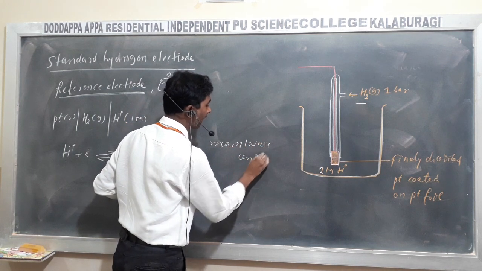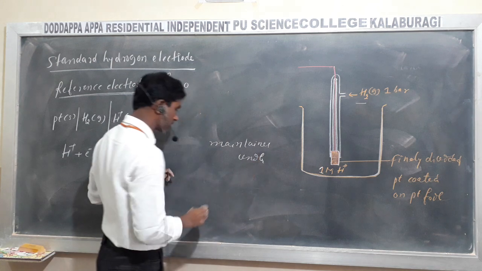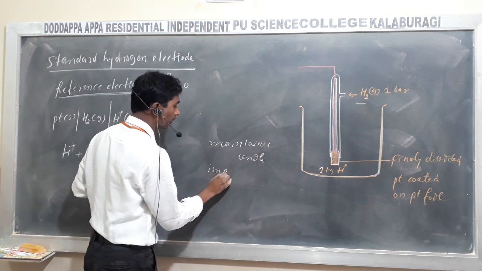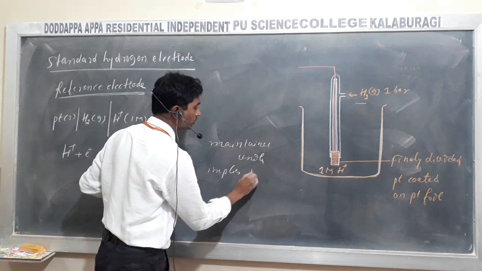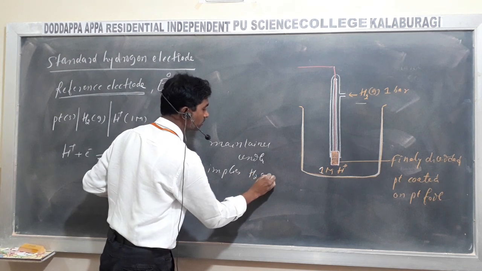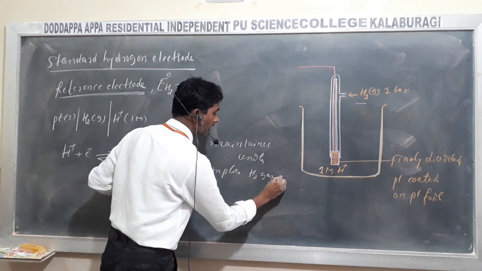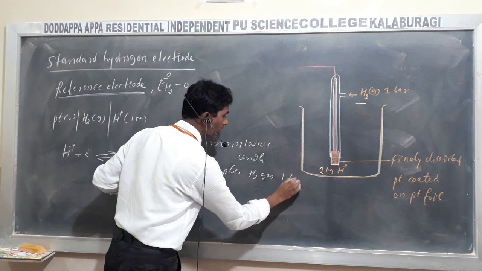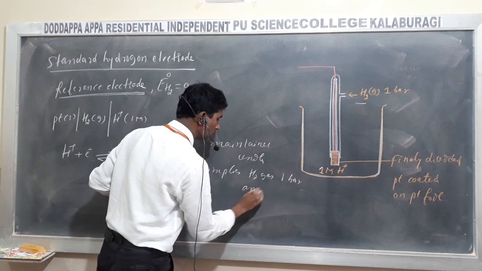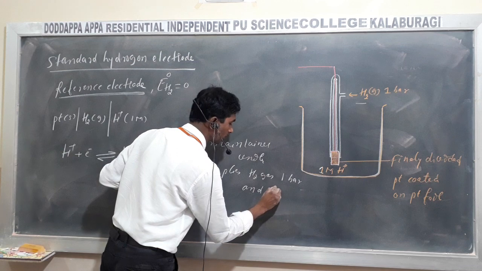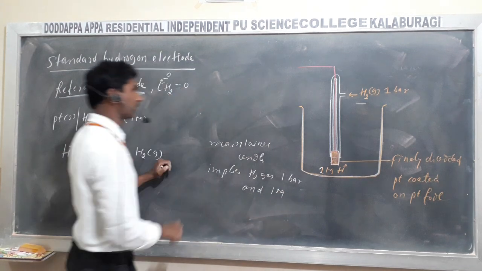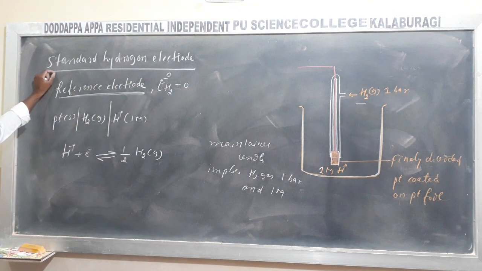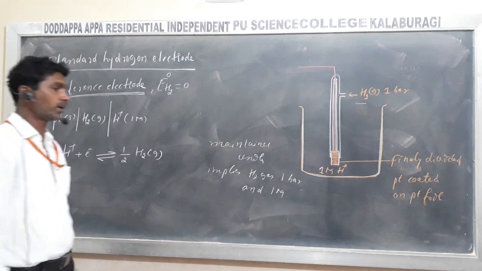So what does it imply? It implies that the hydrogen gas has a pressure of 1 bar, and the hydrogen ion concentration of the solution is 1 molar. So in the examination, explain the construction and working of the hydrogen electrode.